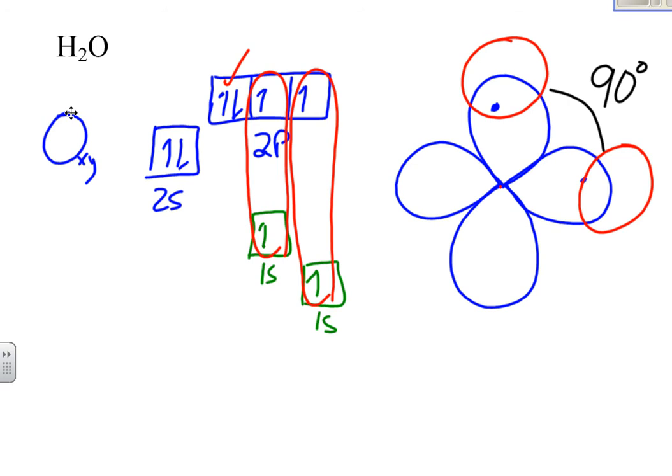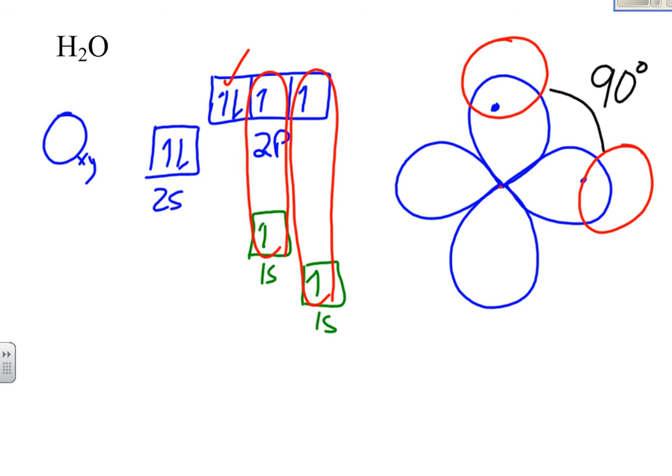So even though there's the possibility of overlapping with those p orbitals, there is an adjustment so that the oxygen in the water is going to hybridize. The hybridization that makes sense with the data that we have would be sp3 hybridization. So we're going to take the s orbital and all three p orbitals and hybridize those.